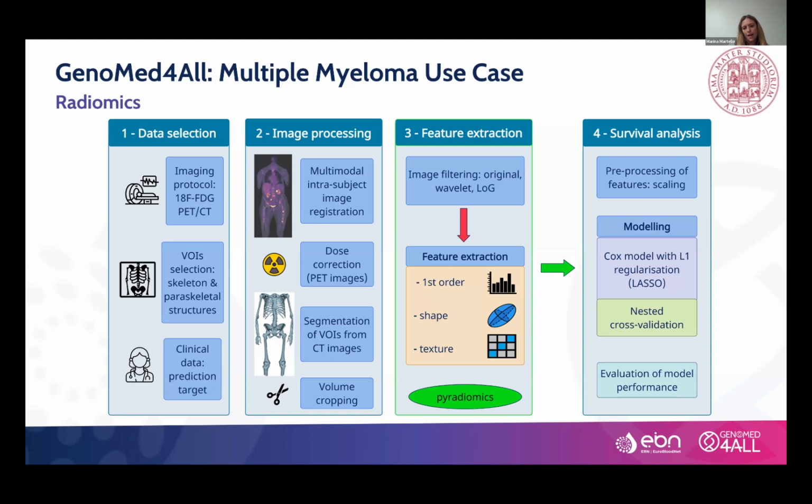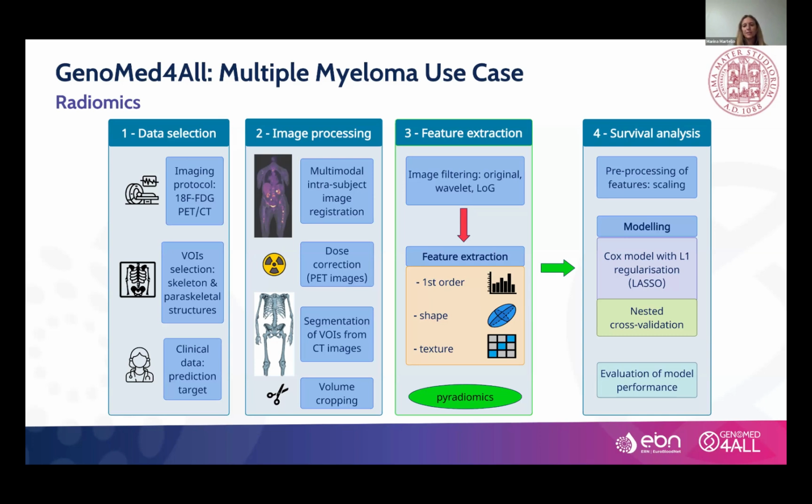Once the images have been obtained, features have been extracted for each image, and in particular, three kinds of features have been extracted: features of the so-called first order, the shape, and also the texture of the images.